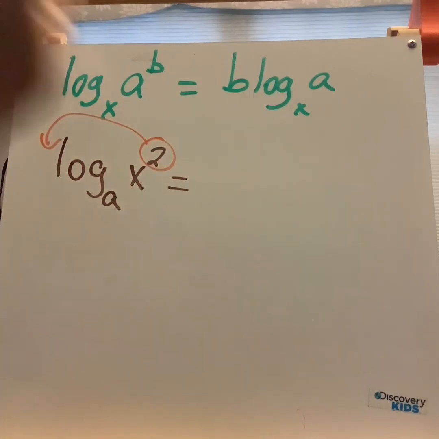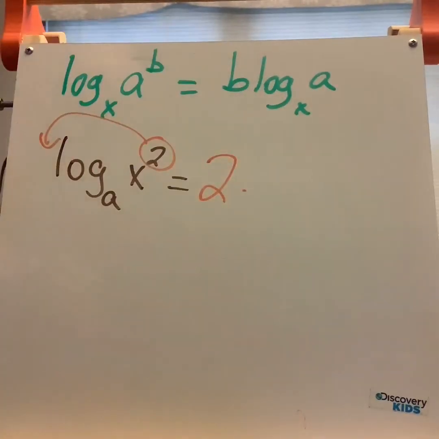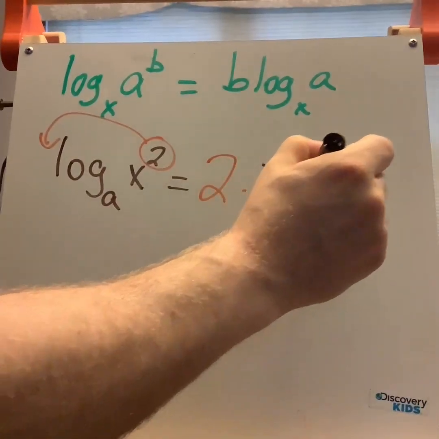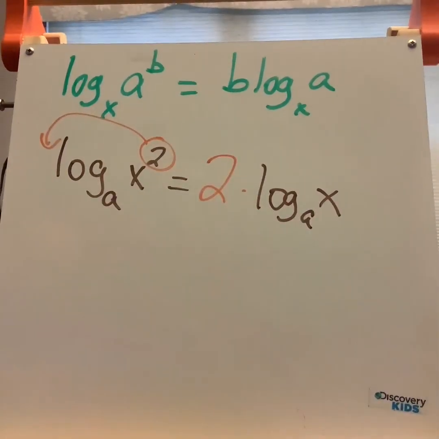And it's just going to become 2 times the log base a of x. That's it. That's the power rule. We take that exponent of that x, we kick it out to become the coefficient, and it becomes 2 times the log base a of x.